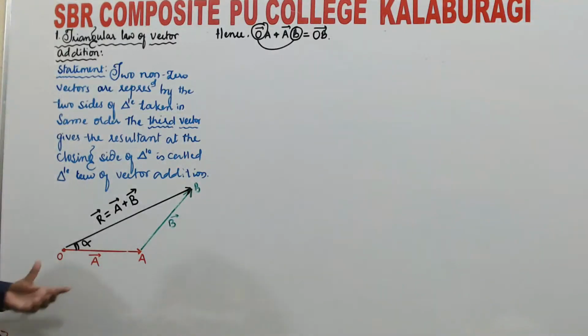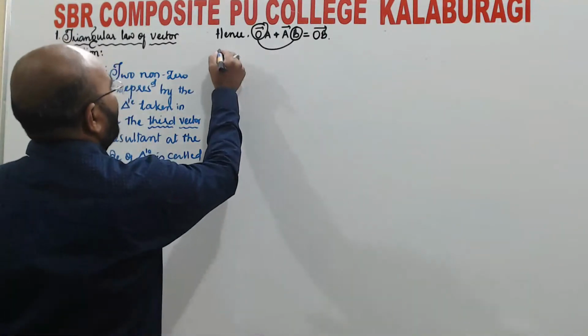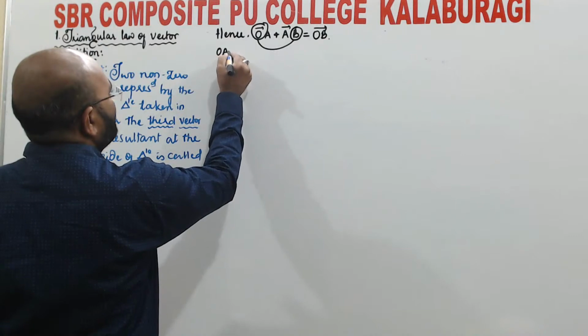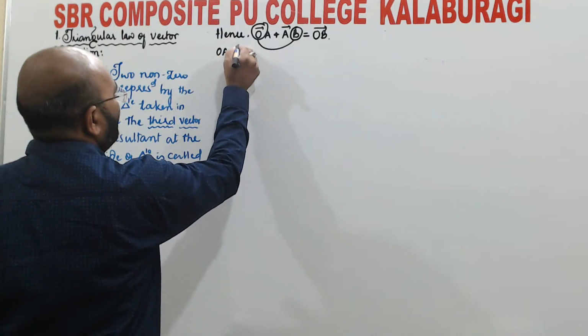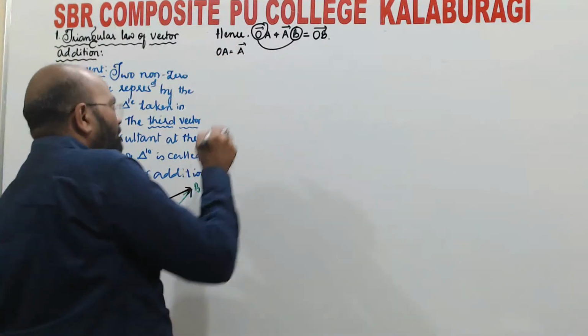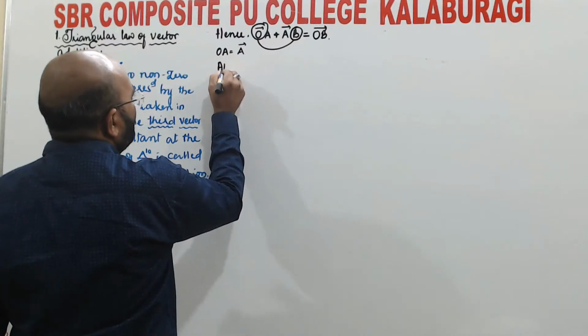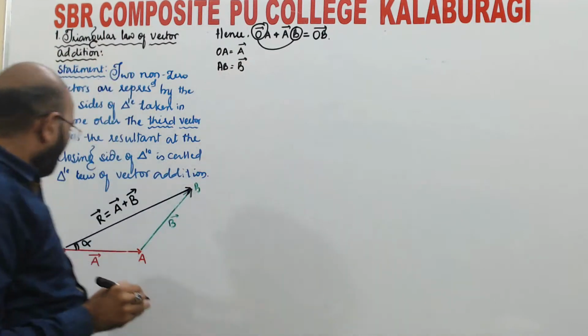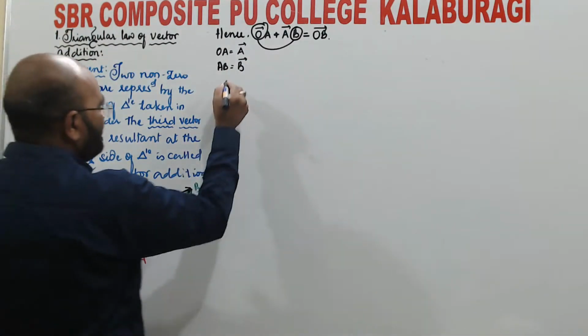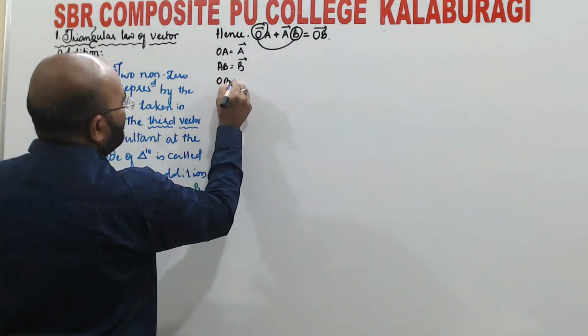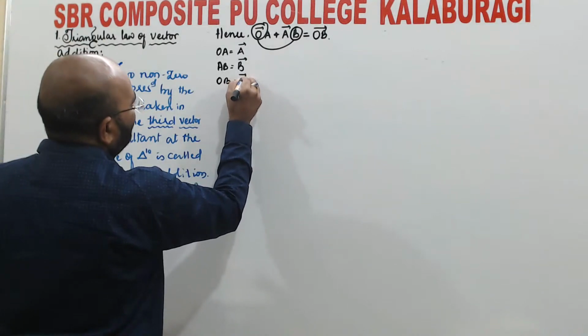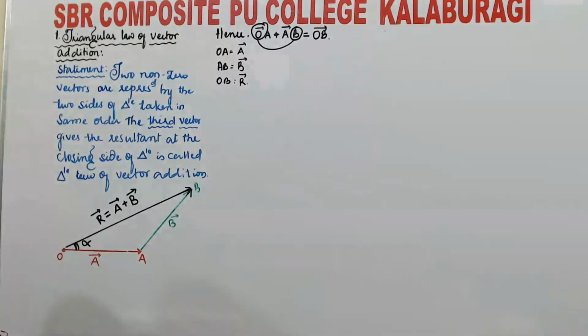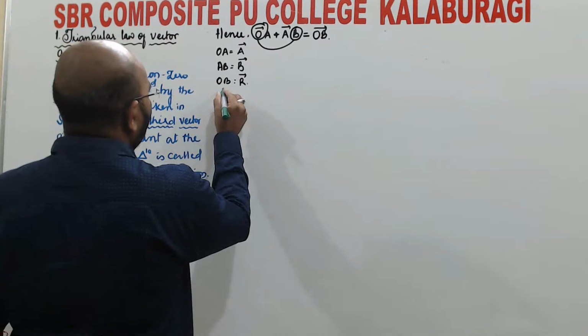Now let us consider OA represents vector A, then AB represents vector B, and OB represents the resultant of the given two vectors. Then we find the magnitude and the direction.